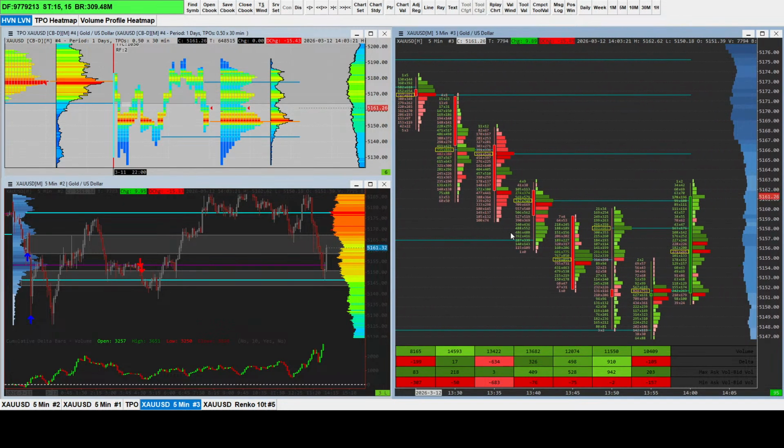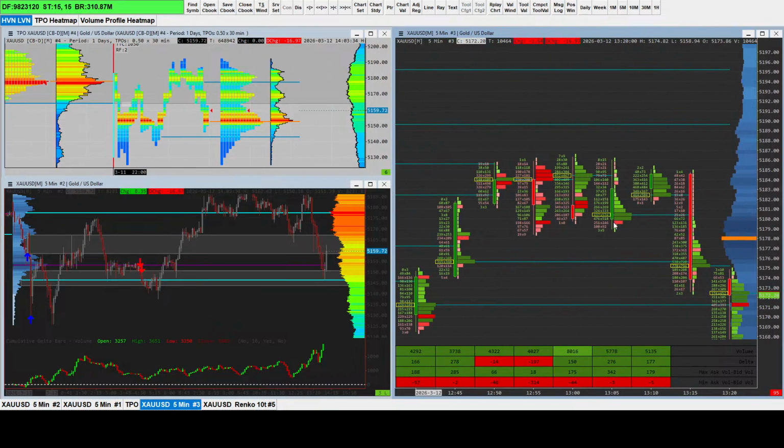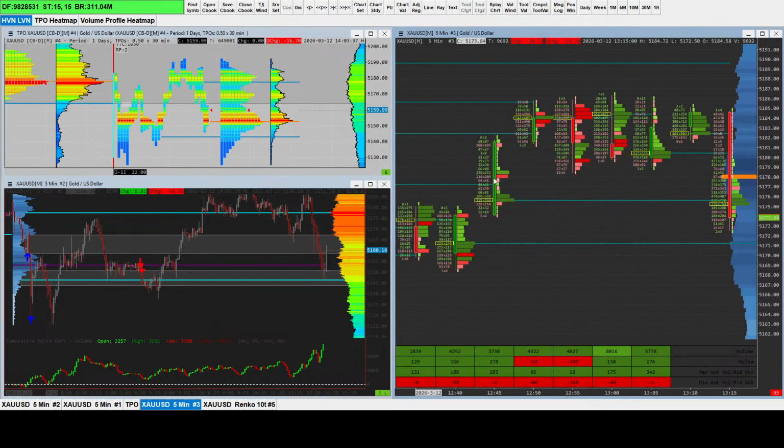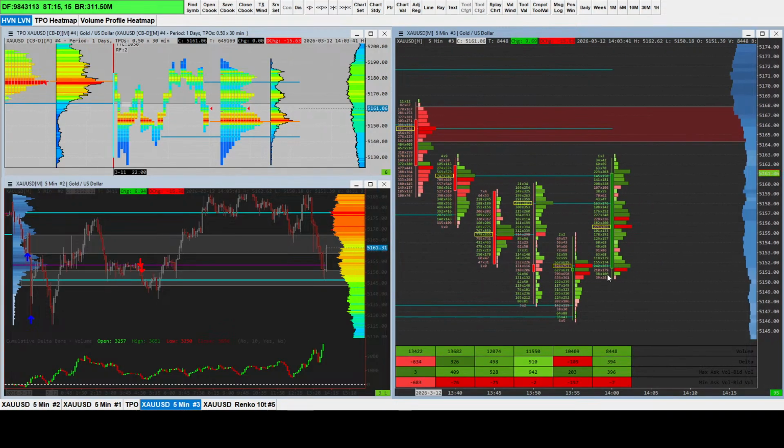Where can we find sellers? Sellers are here. Over here. This is minor. Oh, good positive delta. And look, because there are sellers there, look where it is.